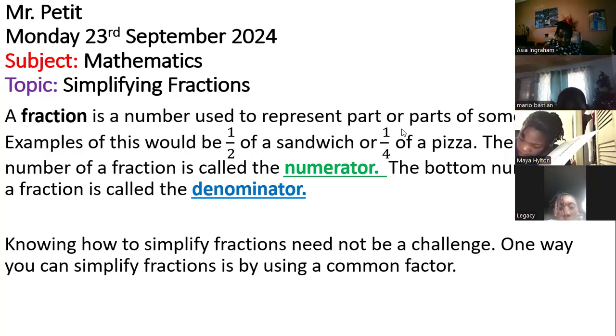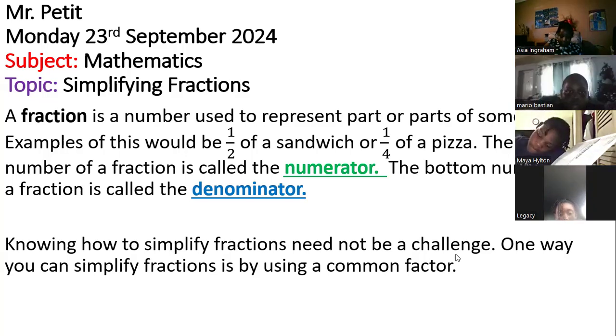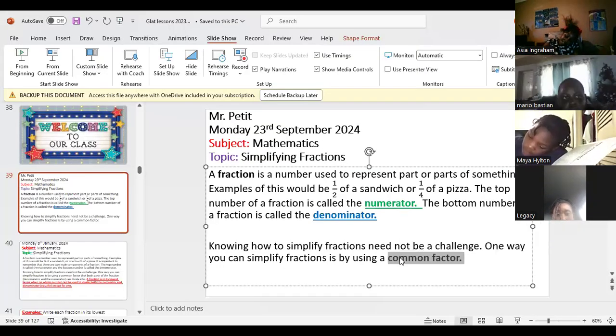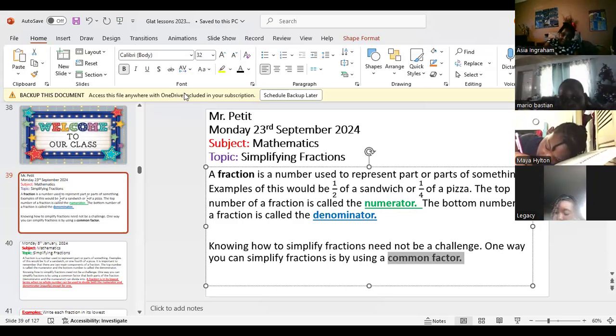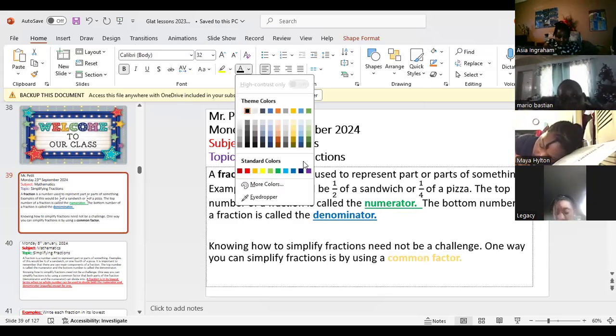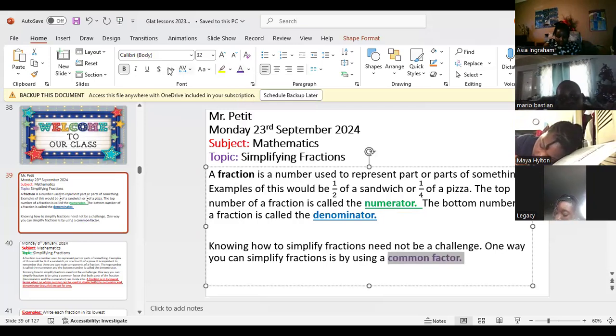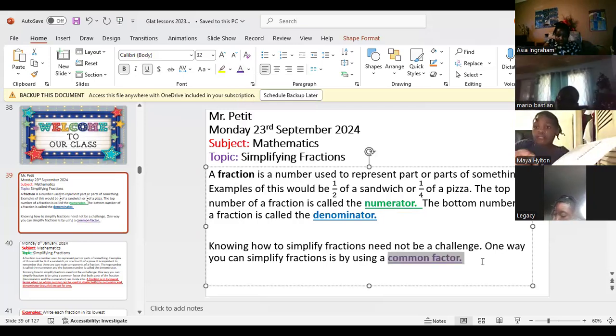Okay. So knowing how to simplify fractions need not be a challenge. One way you can simplify fractions is by using a common factor. Now, when we say a factor, we mean that a factor is a number that can go into another number evenly without leaving a remainder. That's what I mean by a factor.